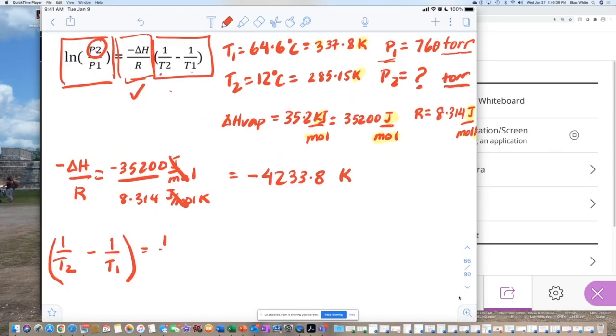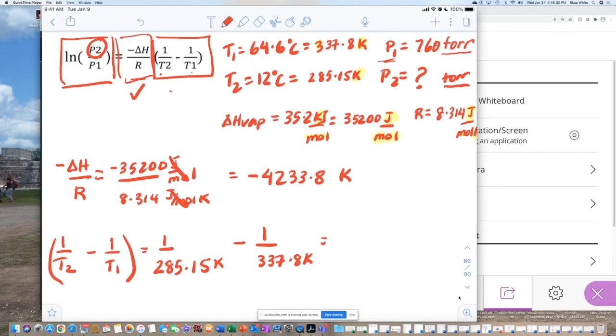So I take 1 over T2, 285.15 K, minus 1 over 337.8 K. Equal to, okay, 1 fraction 285.15 to the right minus 1 fraction 337.8 to the right.